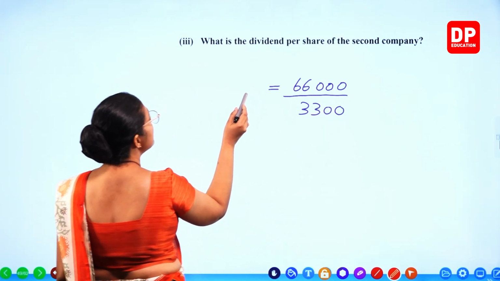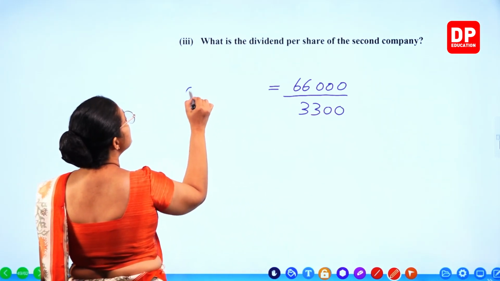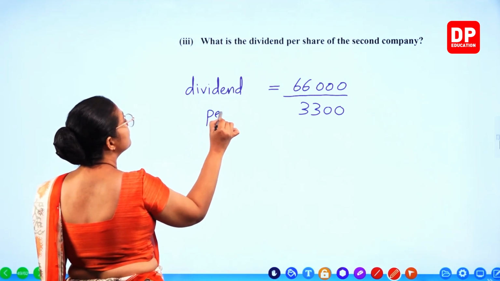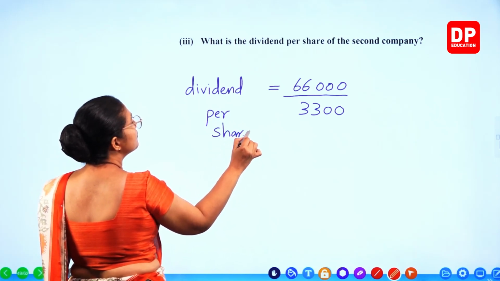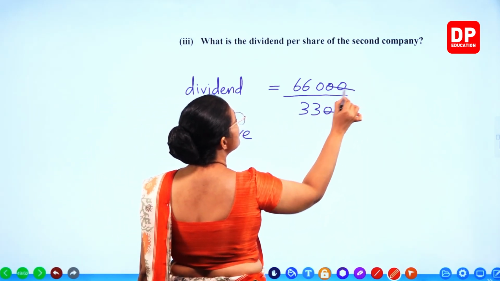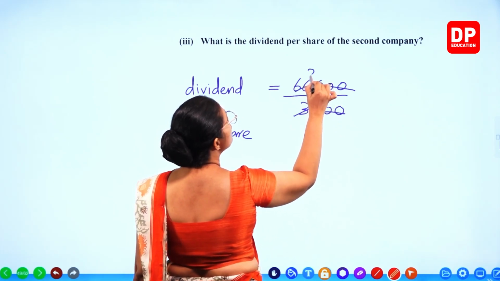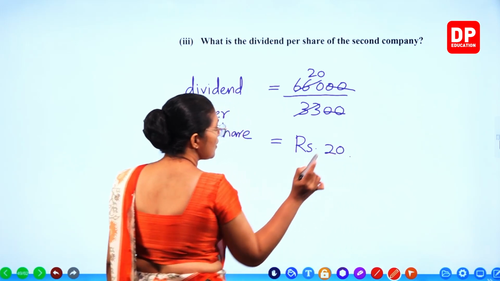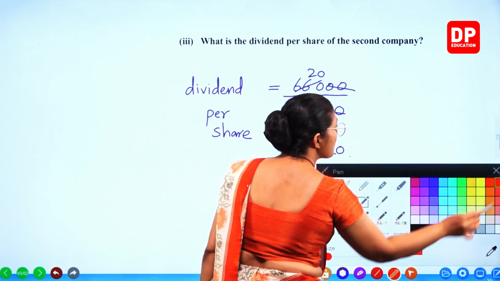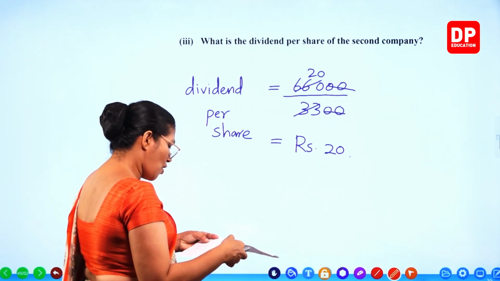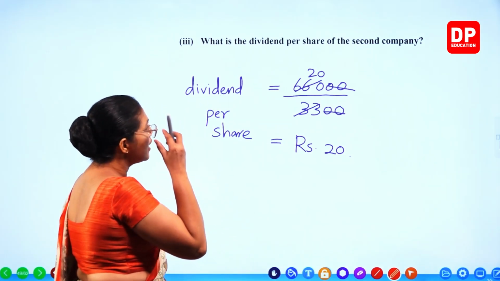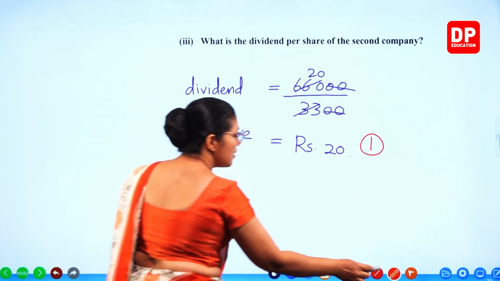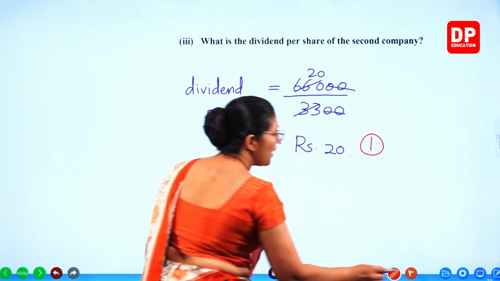Divide and you can get the dividend per share. Two zeros, 33 times 2. So 20 rupees. How many marks for that part? You are getting 1 mark. So we have given 10 marks for that question as well.